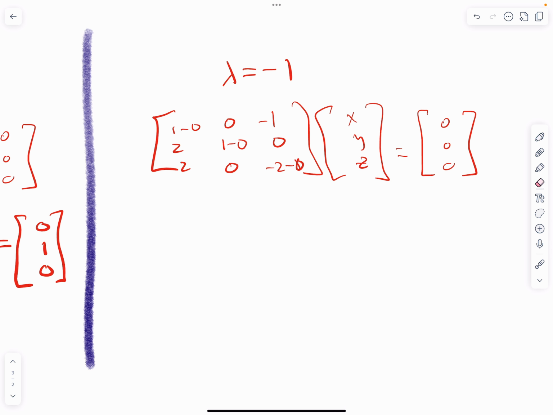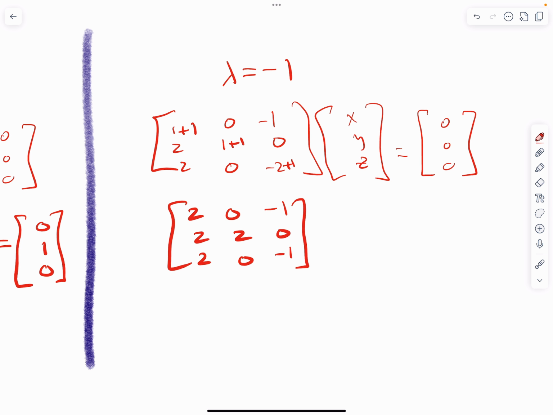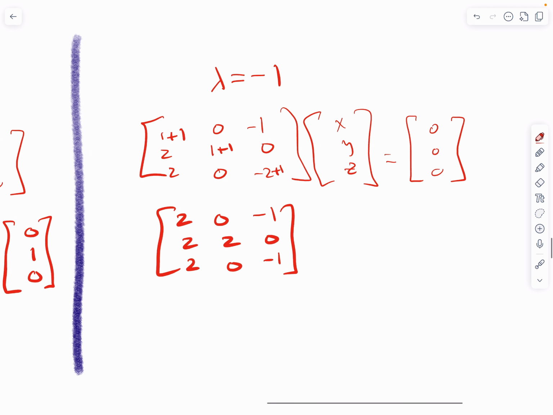Last one. Let's see, we're going to add 1 because that's subtracting -1. So my matrix looks like this. Okay, well, we have the same row, top and bottom. So let's just leave it the way it is and call it a day.